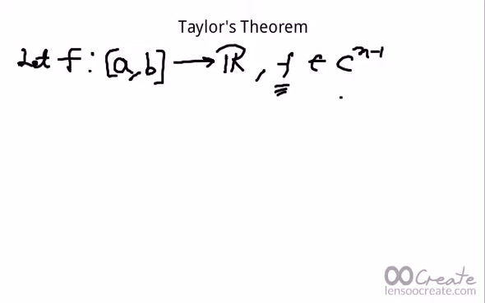So f belongs to C^(n-1), and since f^(n-1) is continuous, f^(n) exists.